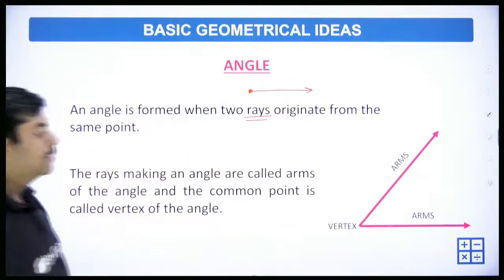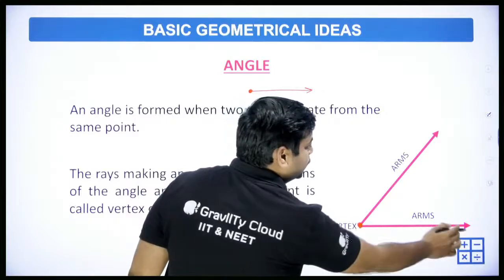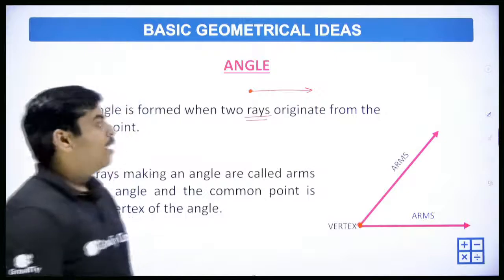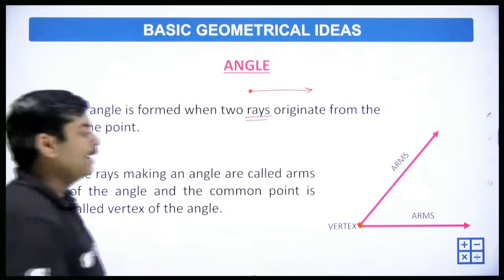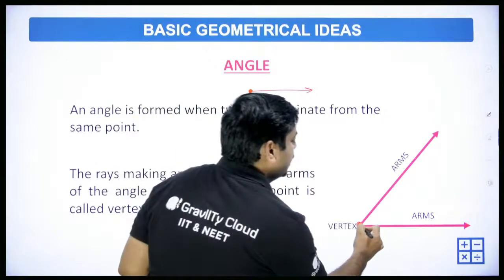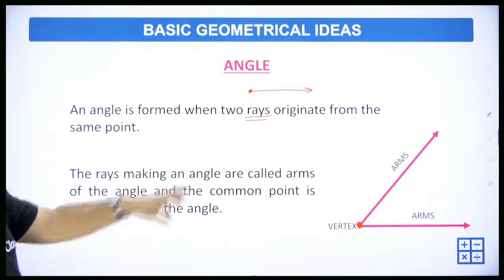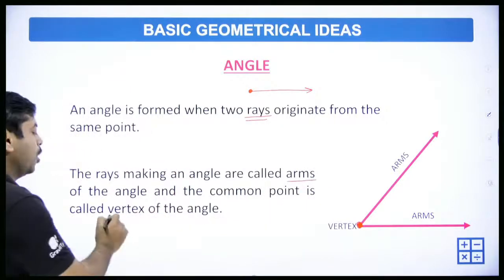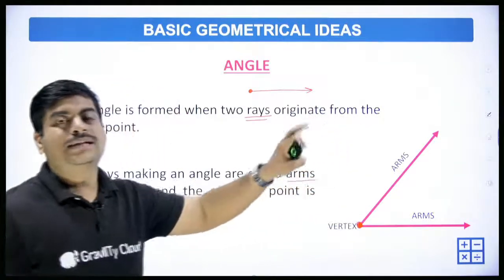From this point, which is called the vertex, one arm is this one and the other arm is this one, or one ray and the second ray. The rays making an angle are called arms of the angle, and the common point is called the vertex.